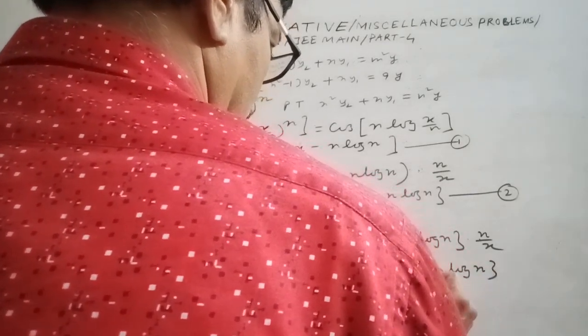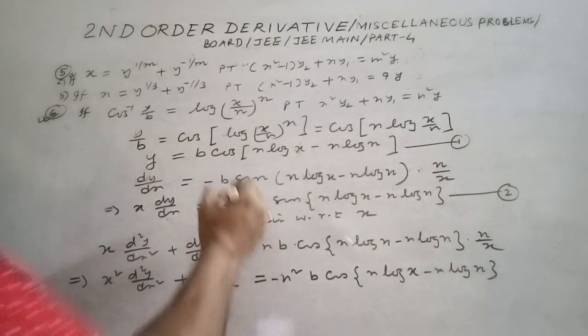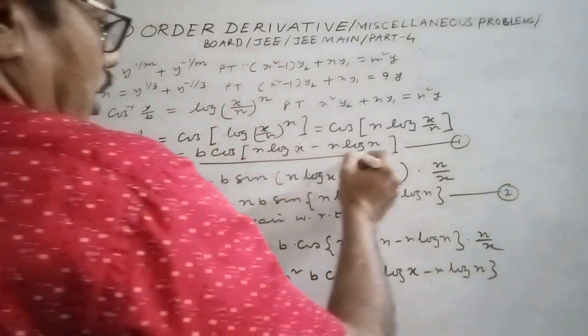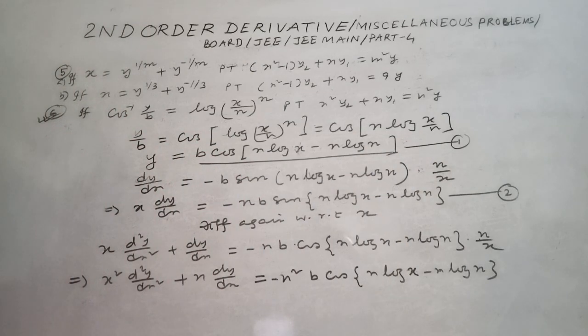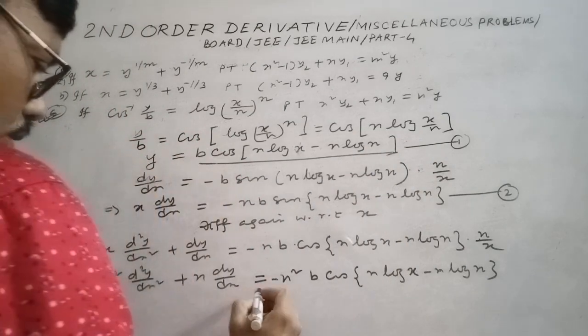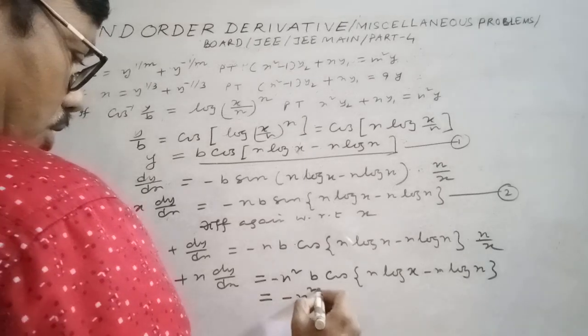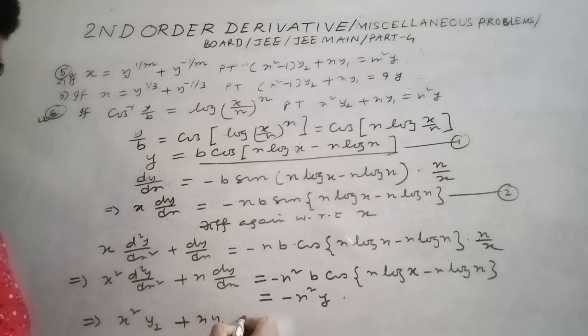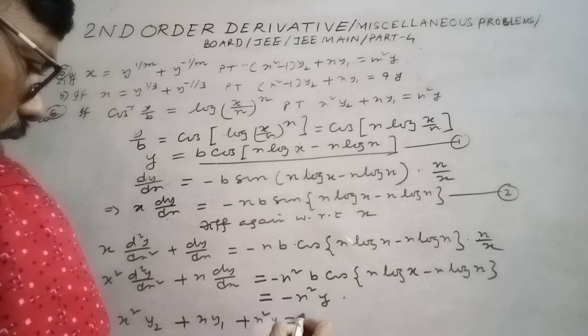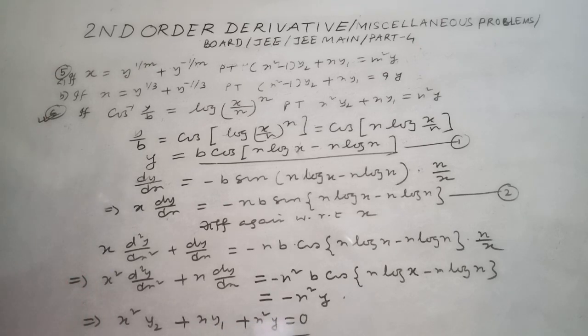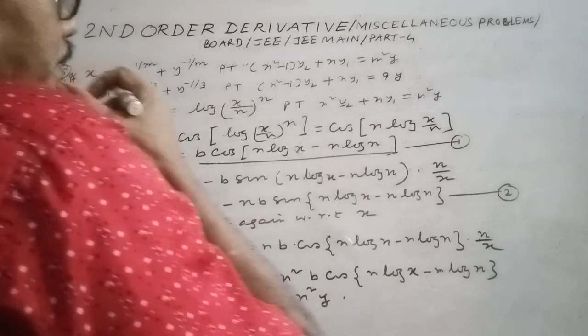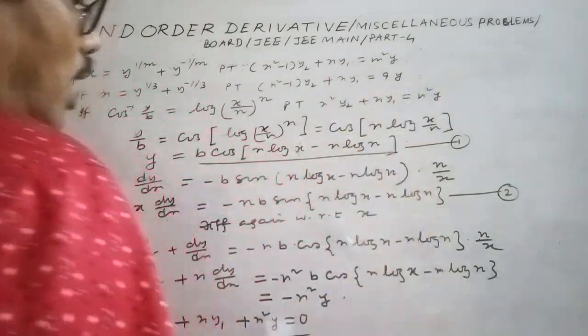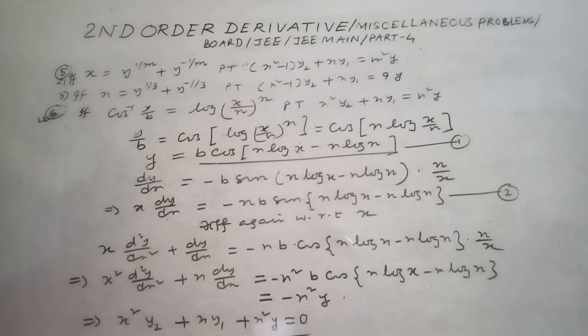Now what is the value of b cos of (n log x minus n log n)? This is y. So this is minus n square y. Therefore, finally we are getting x square y2 plus x y1 plus n square y equals 0.